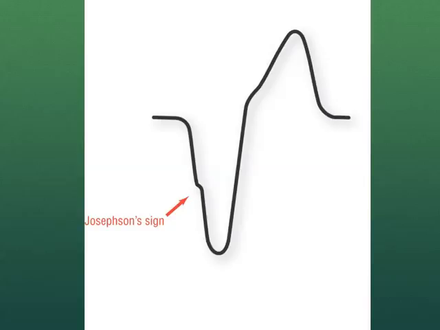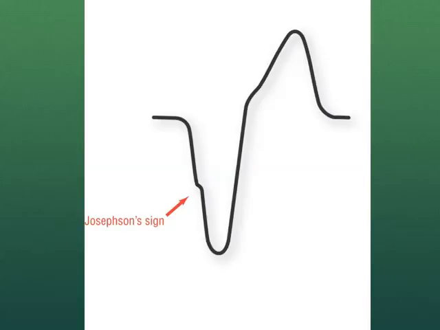Josephson's sign can be used to rule in things such as ventricular tachycardia, which we'll get into shortly. But what that is, if you see what we call the nadir of the S wave, which is just the first downward portion of the S wave, we have a small notch there, and that small notch is called Josephson's sign. It's indicative of a ventricular beat.